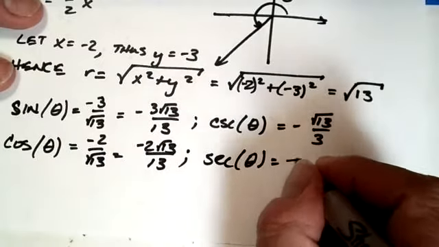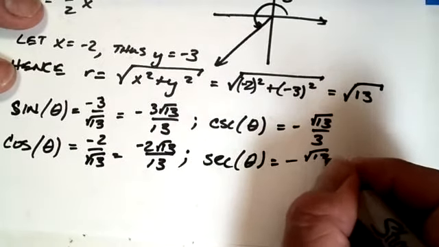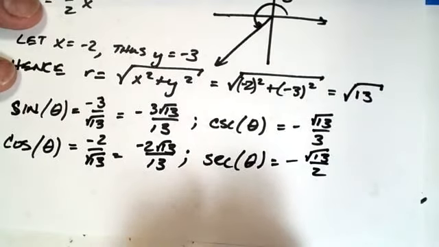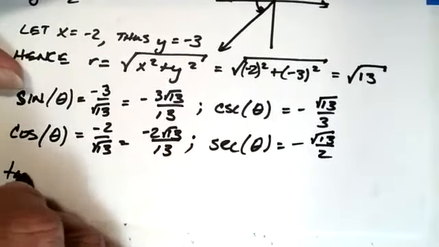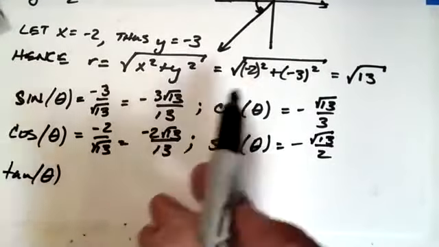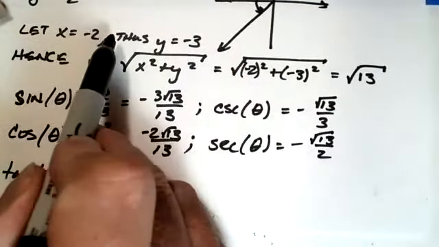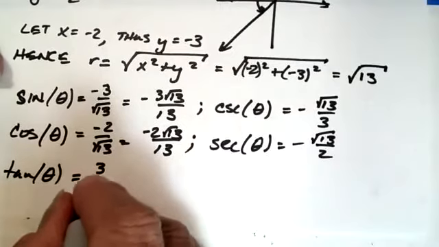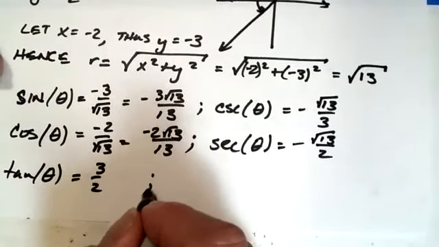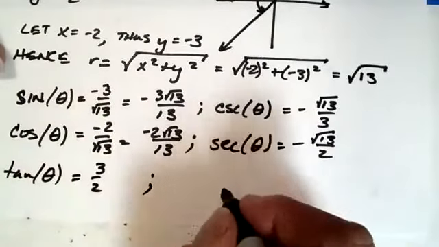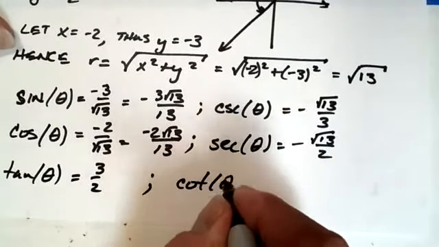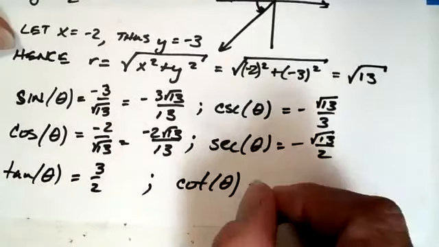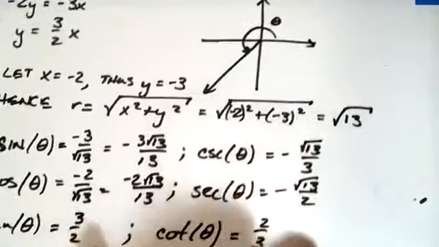So we've got negative square root of 13 over 2. And then finally, we've got tangent of theta. Remember, that's y over x. So negative 3 over negative 2, which is just positive 3/2. No need to rationalize anything. We don't have any radicals in there. So cotangent of theta, the reciprocal of this, is equal to 2 over 3.